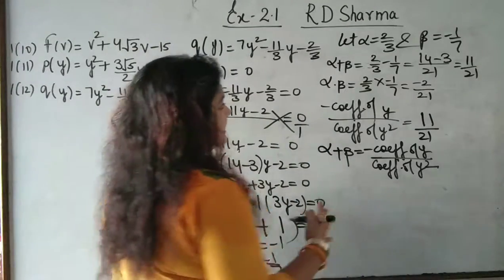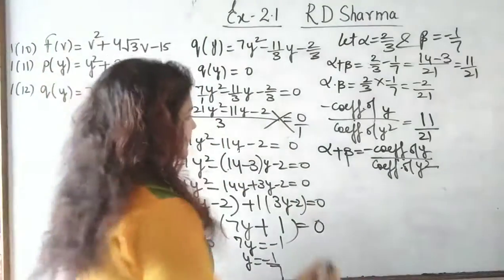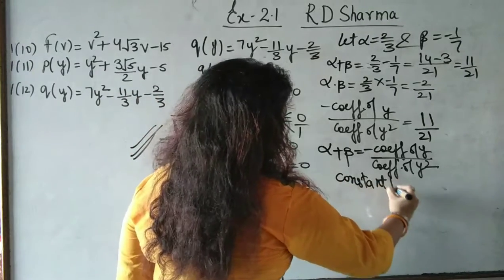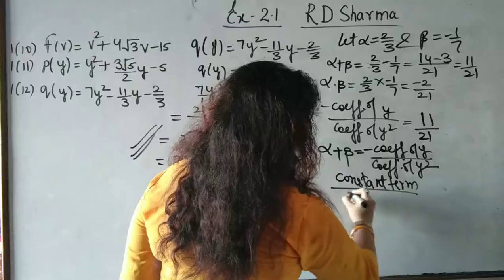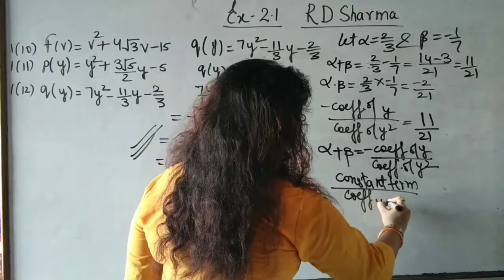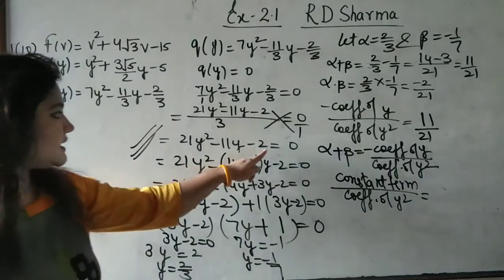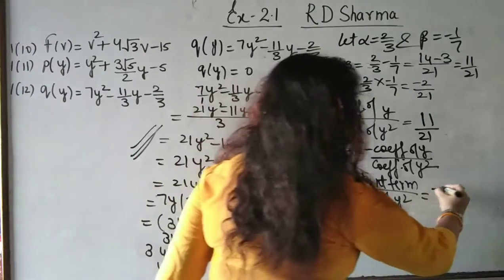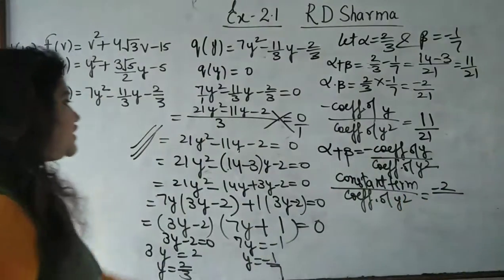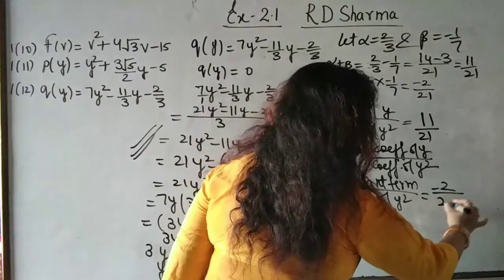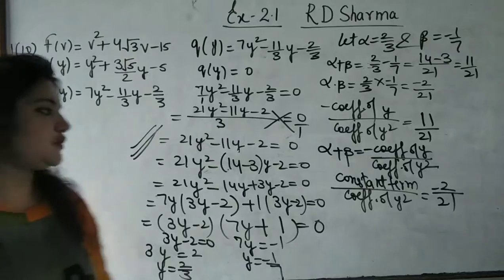Now we will check in terms of the constant term. Constant term upon coefficient of y square. What is our constant term? This is minus 2. Minus 2 upon coefficient of y square, which is 21. So this is minus 2 by 21.